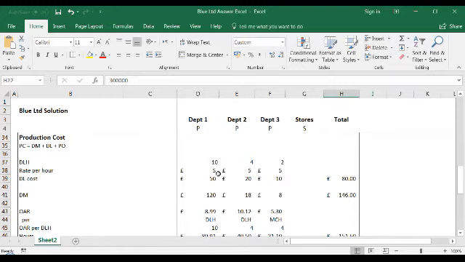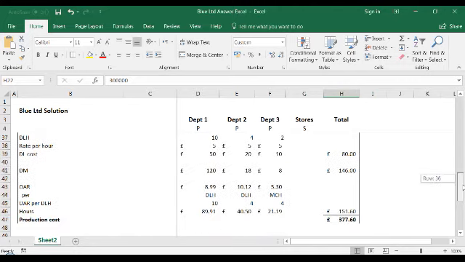So if we just multiply 5 pound by the number of hours required, we work out the direct labor cost: in department 1 is 50, 20 in department 2, and 10 pound in department 3, altogether 80 pound. Direct material, these are given in the question, so we just add them for the 3 departments, and it is 146.00.